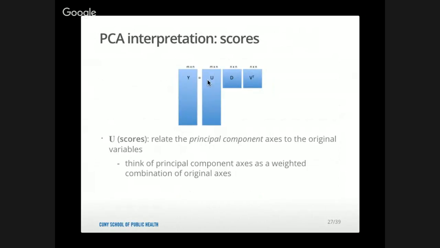Okay, so first this U matrix, the M by N matrix of scores. These are important as their interpretation is they're the matrix that relates the original variables to the principal component variables.